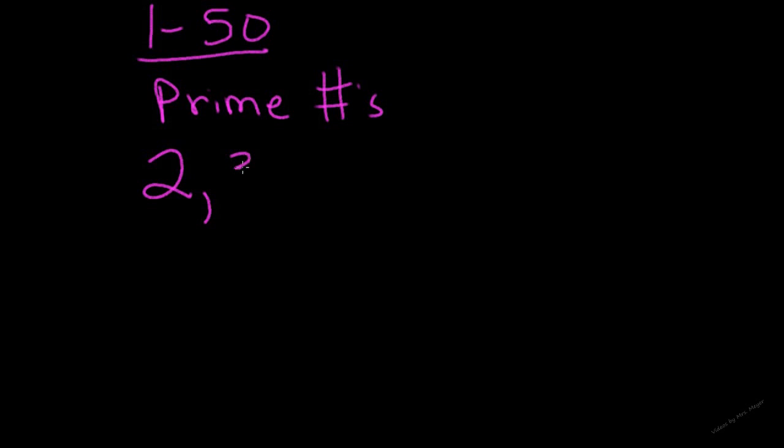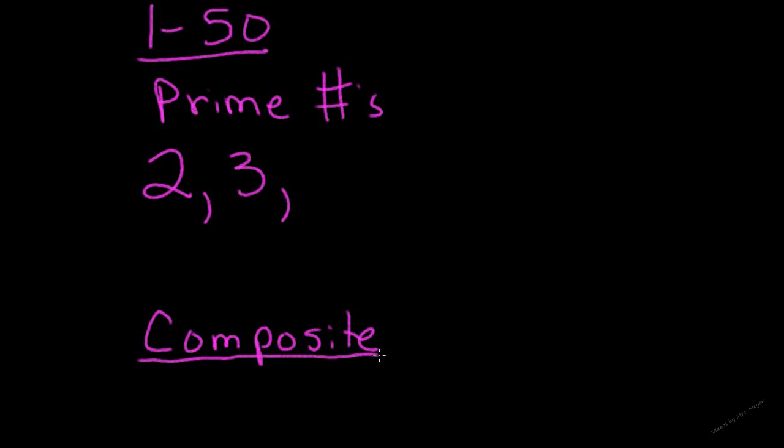And of course 3 has only two factors. The only way you can make 3 is by 1 times 3, so that makes it prime. If we make a composite list as well, we know that 4 would be composite because it has 1 times 4, and it has 2 times 2, so that gives it 3 factors, which would make it composite.